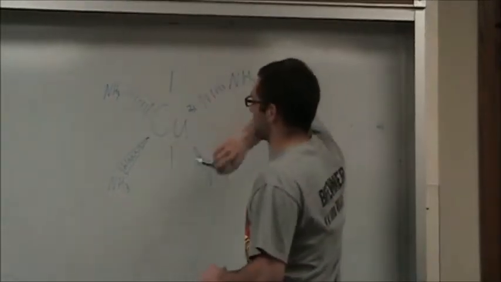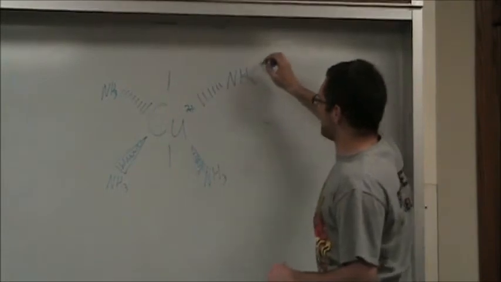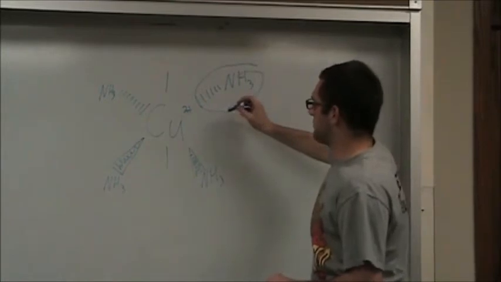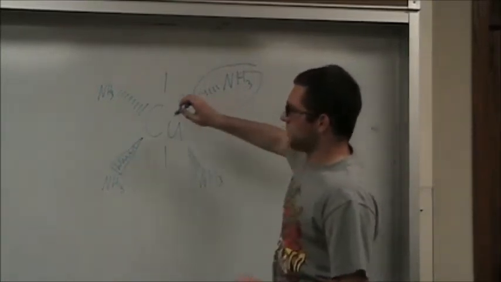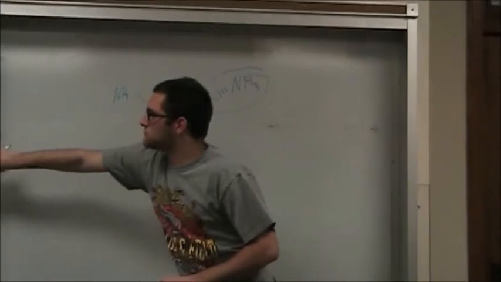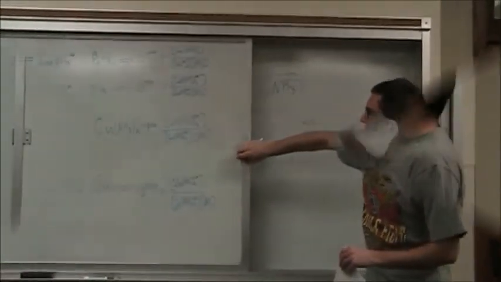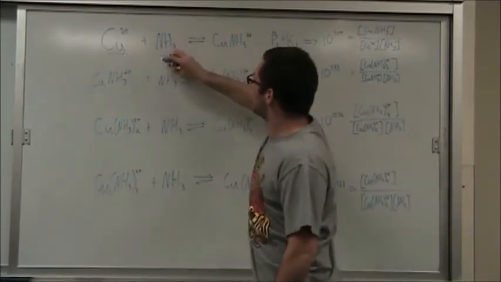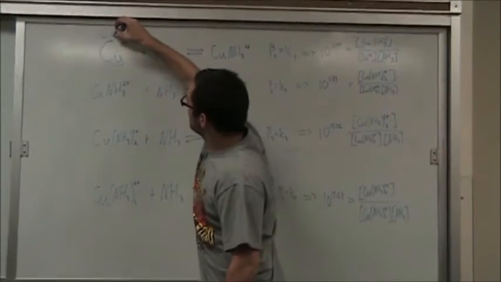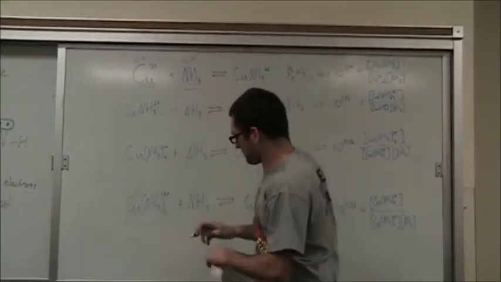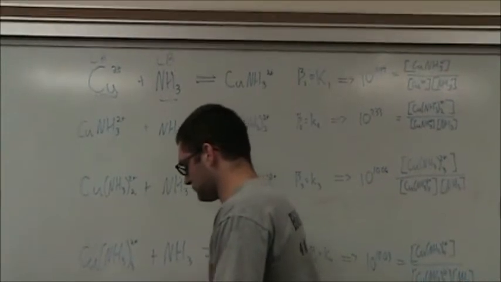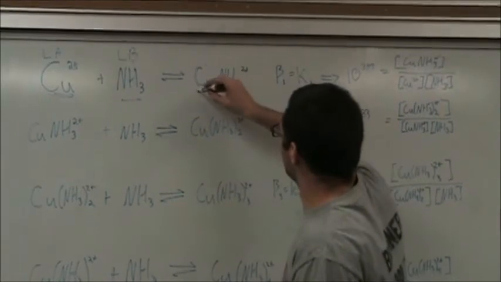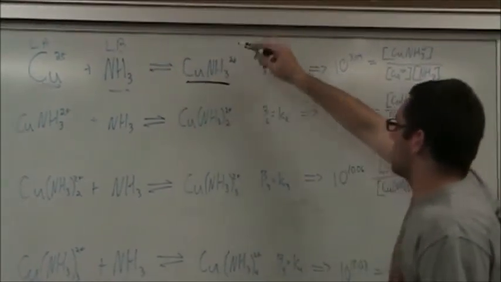The thing that the reaction considers is, after each bonding of the ammonia to the copper, you have a formation constant. So, if we go to this, we first have the reaction of copper 2+ with ammonia. So you have copper 2+ ion plus ammonia, the Lewis acid and Lewis base, going to combine to form copper ammonia 1.